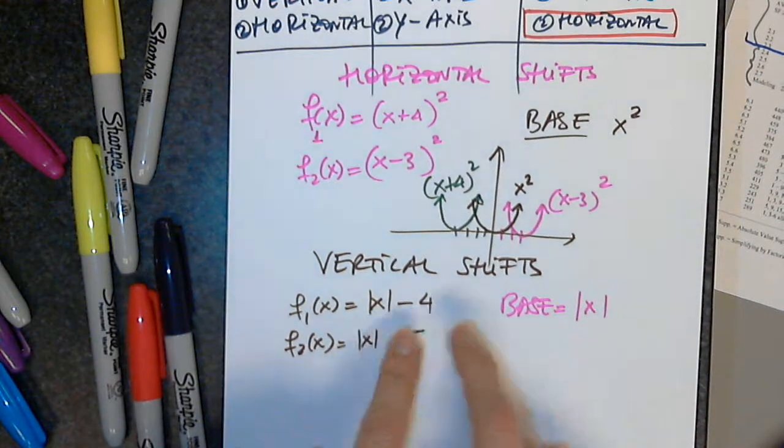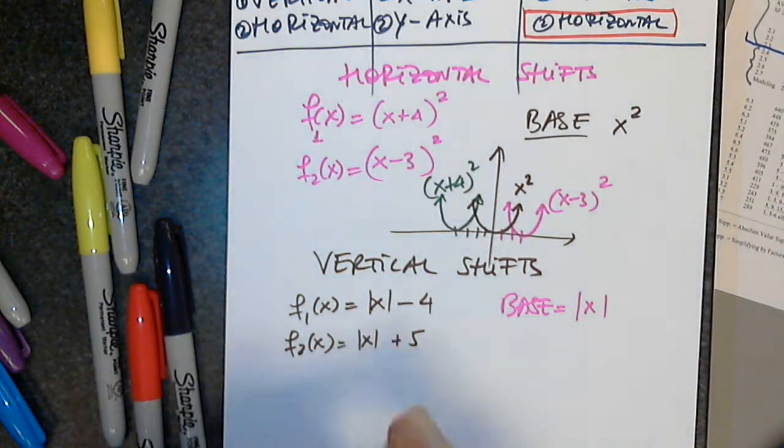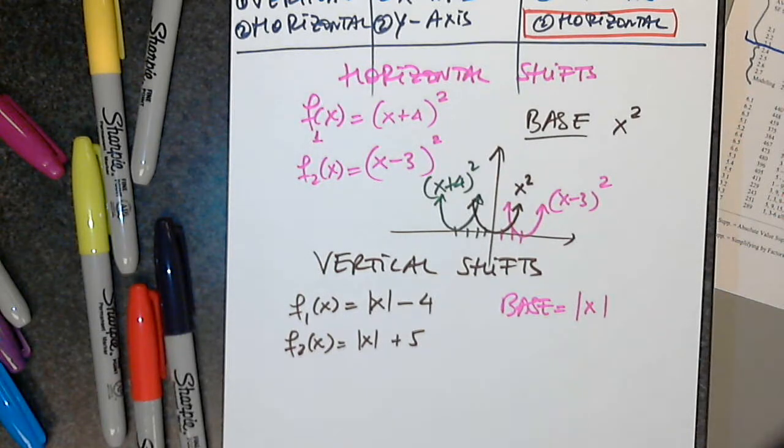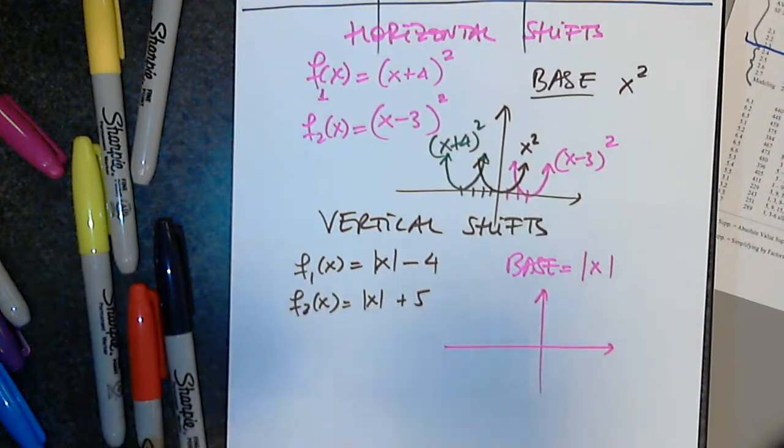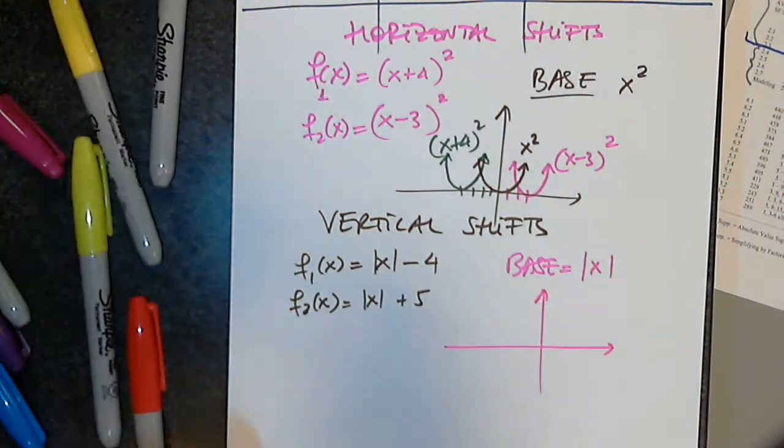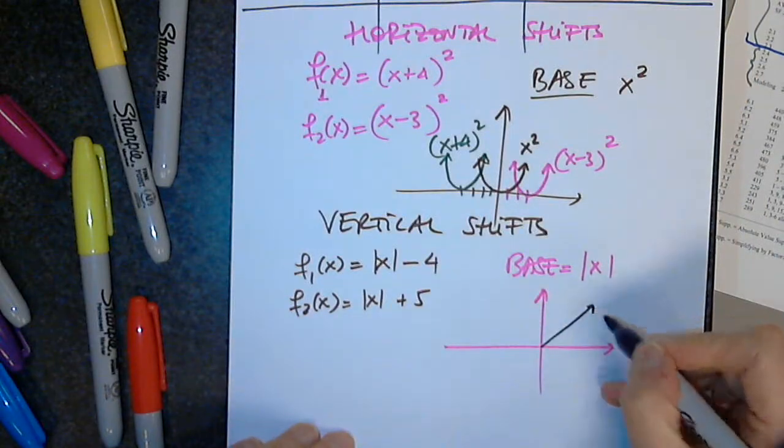So where does this graph go in order to create this function? Down 4. Very good. X does not change. Left and right change is a change in x. Up and down change is a change in y. So the original function, or the base function, is this.